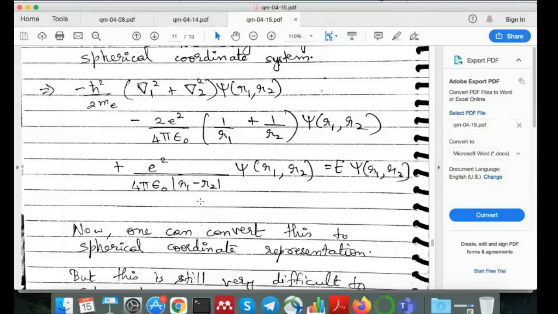So even just for the helium atom, the Schrodinger equation becomes unsolvable. If for the helium atom itself it is unsolvable, then you can imagine for lithium, beryllium, nitrogen, oxygen, for all of those atoms, how unsolvable it is. So we cannot really solve it exactly.